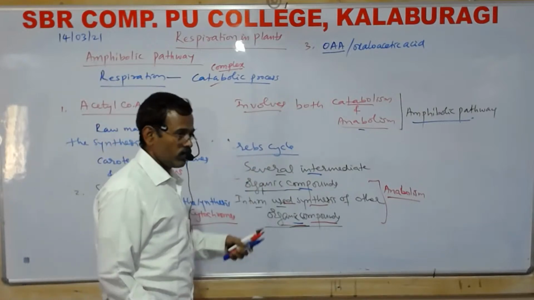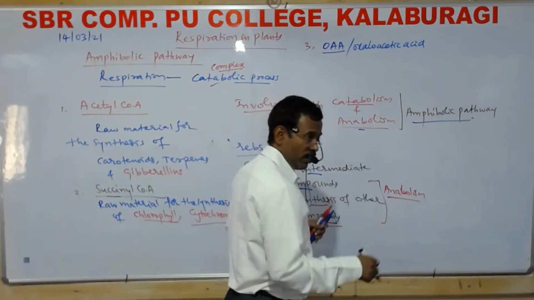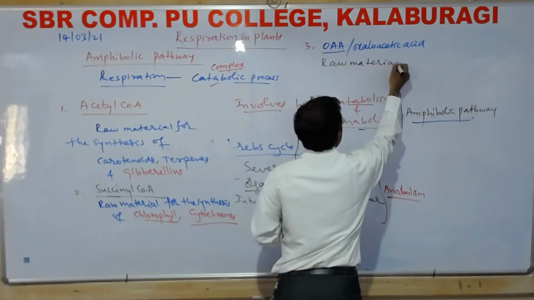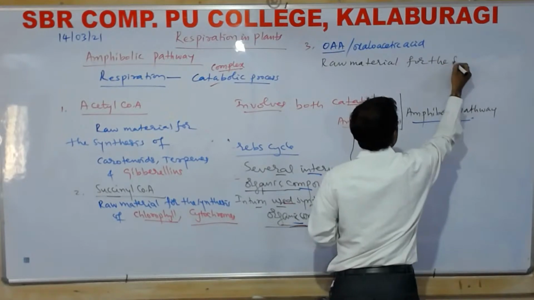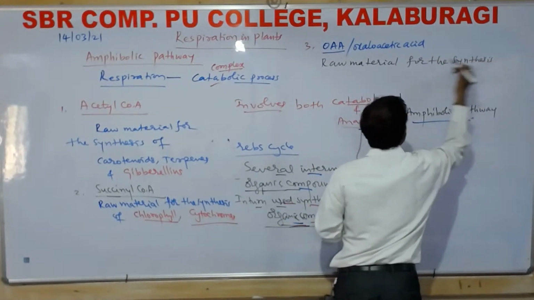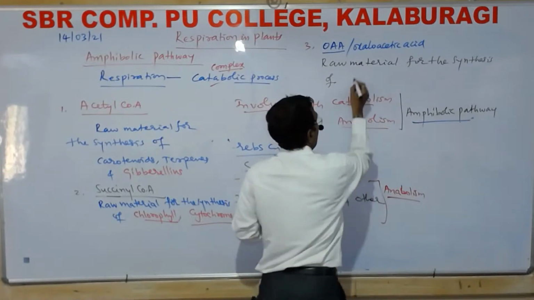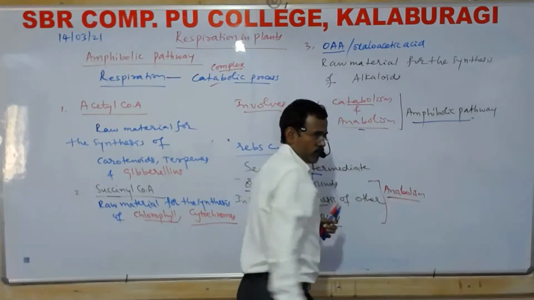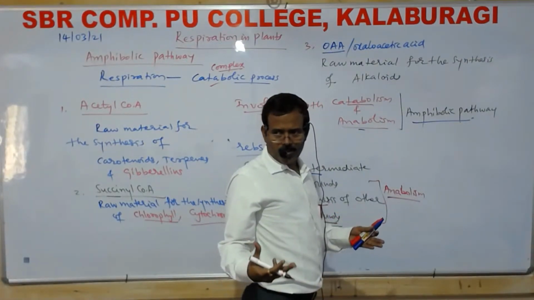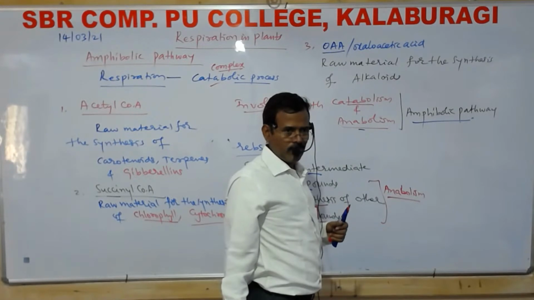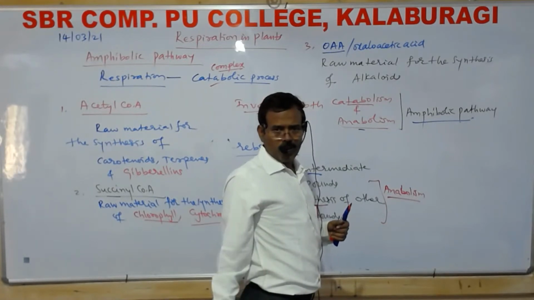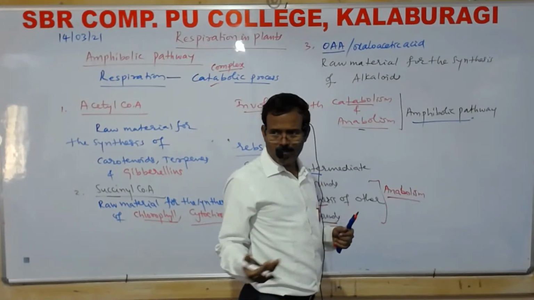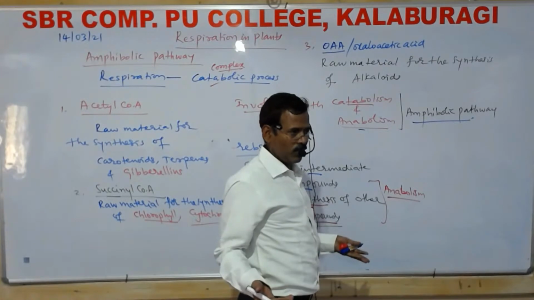So this oxaloacetic acid is the raw material for the synthesis of alkaloids. Alkaloids are organic compounds produced in plants. Simple examples: you have reserpine, serpentine, vincristine, vinblastine. So many different examples you can give.